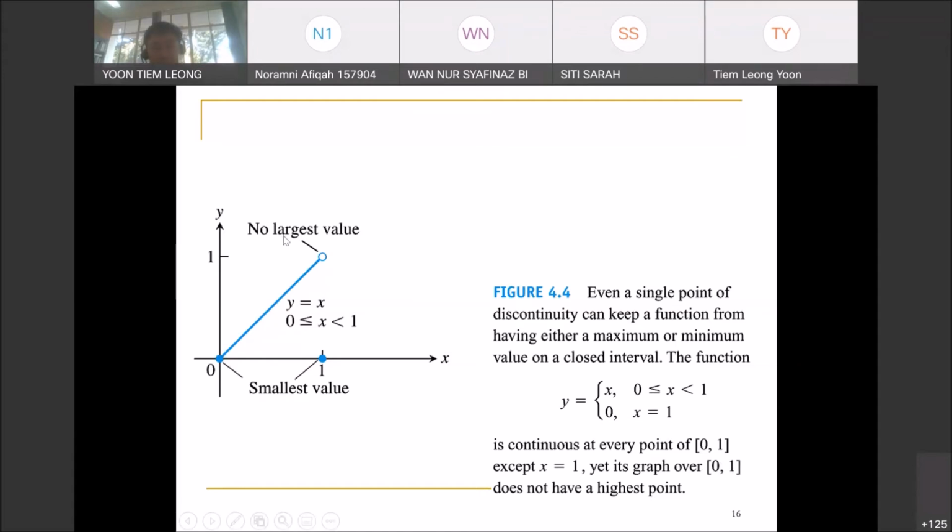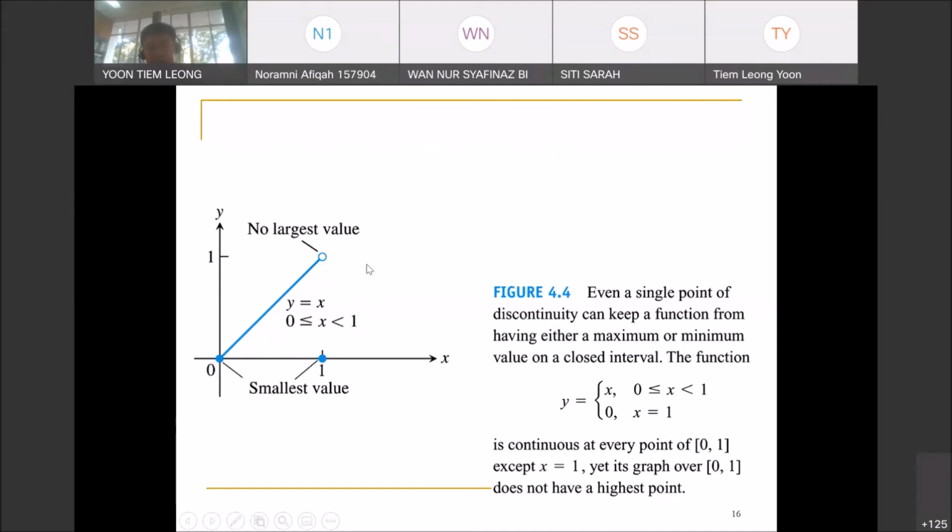And indeed, as I mentioned earlier, for this particular case, you don't have an absolute maximum. Yes, you do have the absolute minimum, but this is in general not guaranteed because the function is not continuous within 0 and 1. Although it's continuous at 0, it's not continuous at 1. So here it doesn't have an absolute maximum.